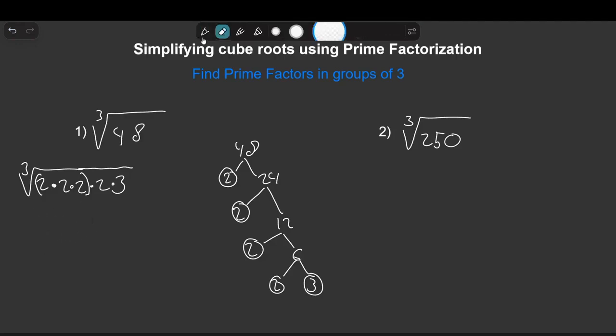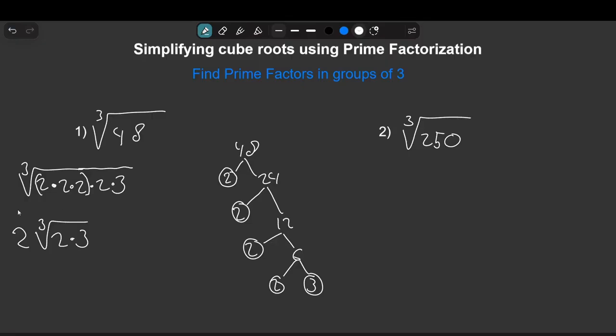So if we pull out the 2, we are going to get 2 times the cube root of 2 times 3, because we pulled the 2 out of the cube root of 8.